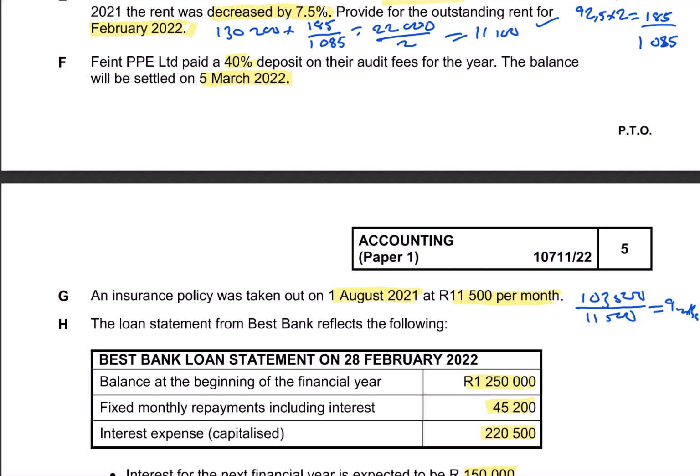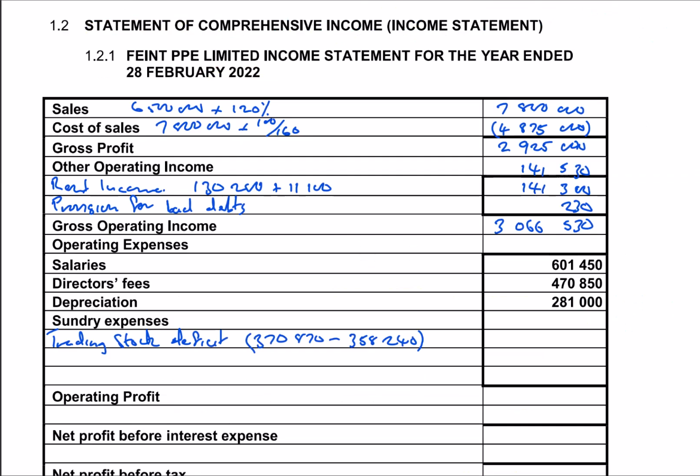So the straightforward way is just multiplying the 11,500 by 7 to get the amount you need to include for insurance. There's no need to write a lot of stuff. So insurance, that's 11,500 multiplied by 7 months.